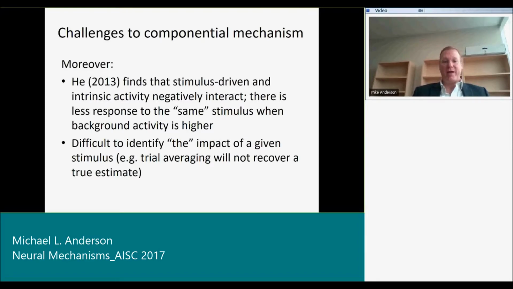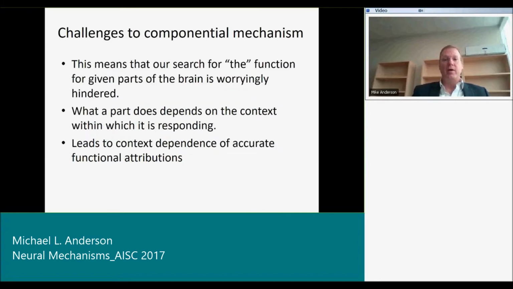Well, if it changes depending on what the background activity is, there's a significant issue here in trying to move forward in terms of functional attribution. Put straightforwardly, our search for the function of a given part gets hindered by this limitation.